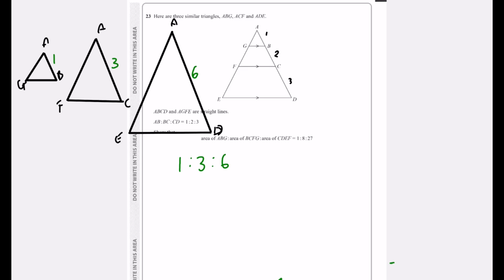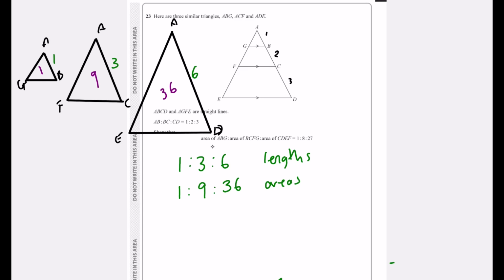As for lengths, the scale factor for area is squared. So the scale factor for area is 1 squared to 3 squared to 6 squared. So we can say it's got an area of 1, an area of 9, and an area of 36, or a ratio of 1 to 9 to 36.